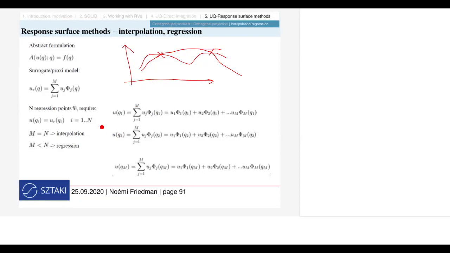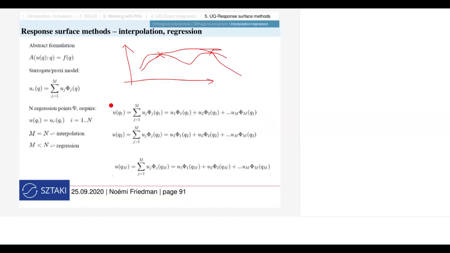Now it depends how many degrees of approximation you want to have, but this is a matrix, okay? I'm sure you can see how this can be written in matrix form, and it's a well-defined set of equations if you have as many points as you have basis functions.